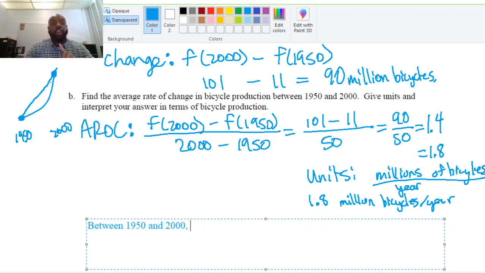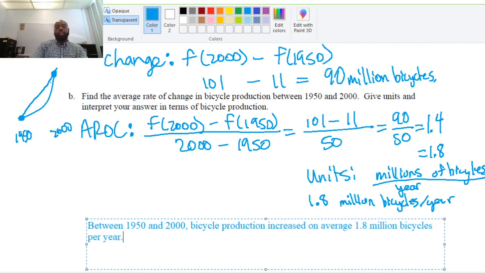A slope gives you your increase or decrease in your output for 1 unit increase in your input, right? So my output is the bicycle production. What we did was that's a positive value, so I'm going to say increased by, on average, 1.8 million bicycles per year.